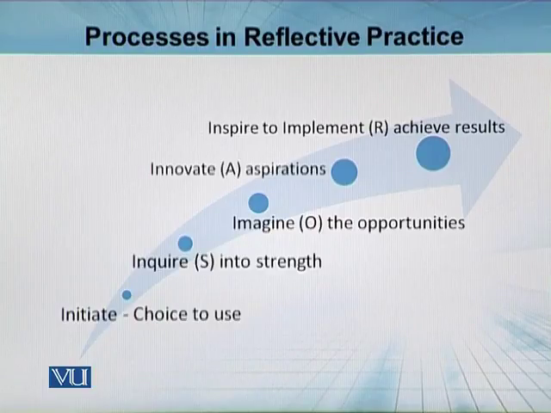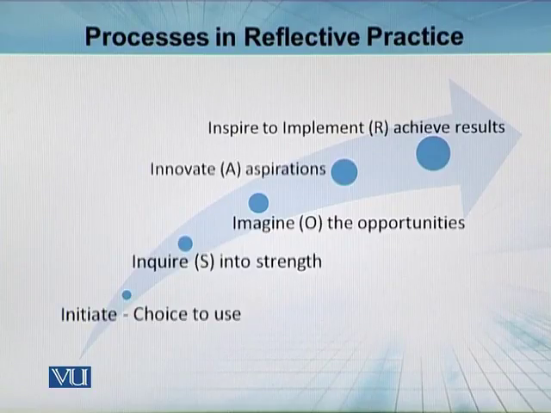And in this diagram we can see here the first I of the 5I approach, which is initiate. This is where the reflective practitioner is making choices about their teaching, making choices about the methods to use to investigate their teaching. It's about understanding what they can build on for the future. And then the next I in the 5I approach is inquire. And this is where SOAR becomes important.